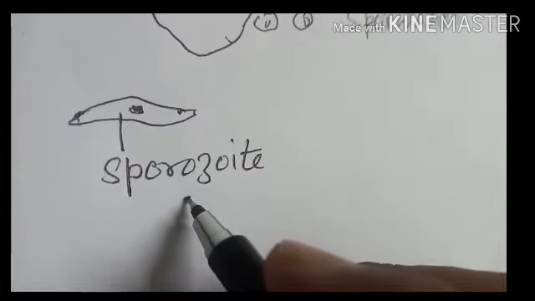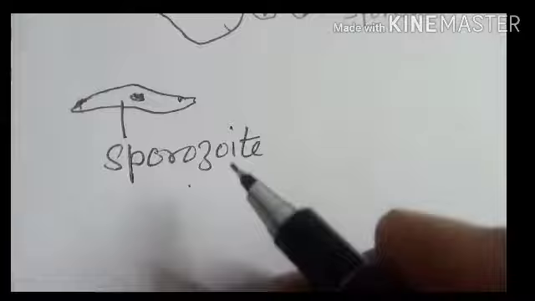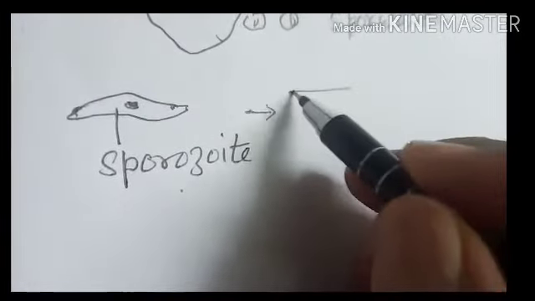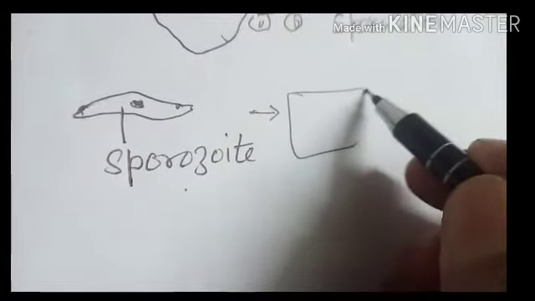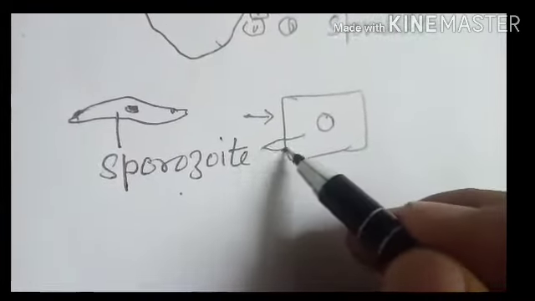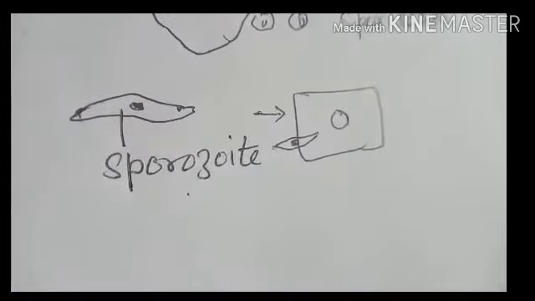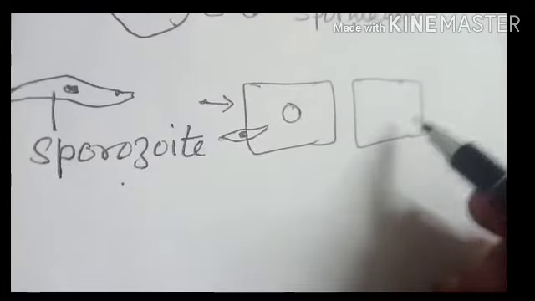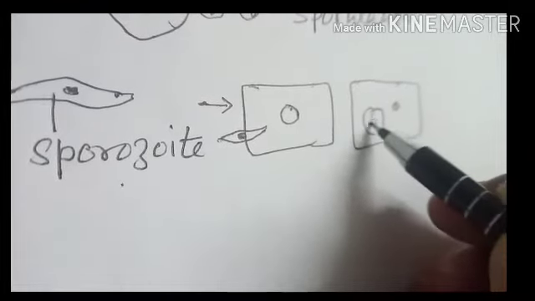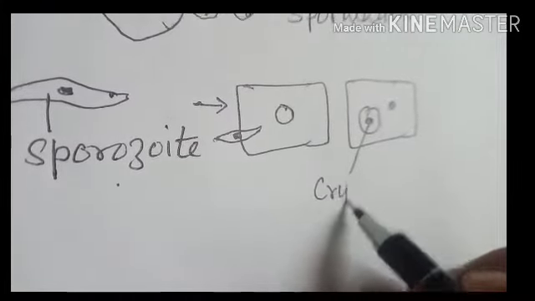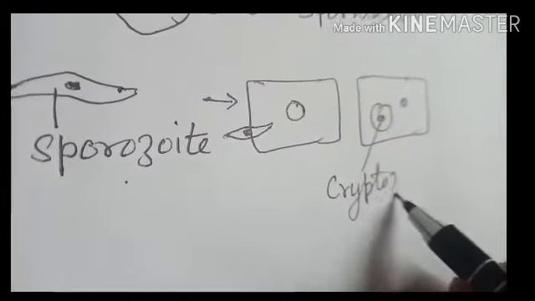In this way, sporozoites are inoculated into the human body, and they reach the liver cell through blood circulation, and they enter the liver cell and get converted to a spherical structure. This spherical structure is called cryptozoite.